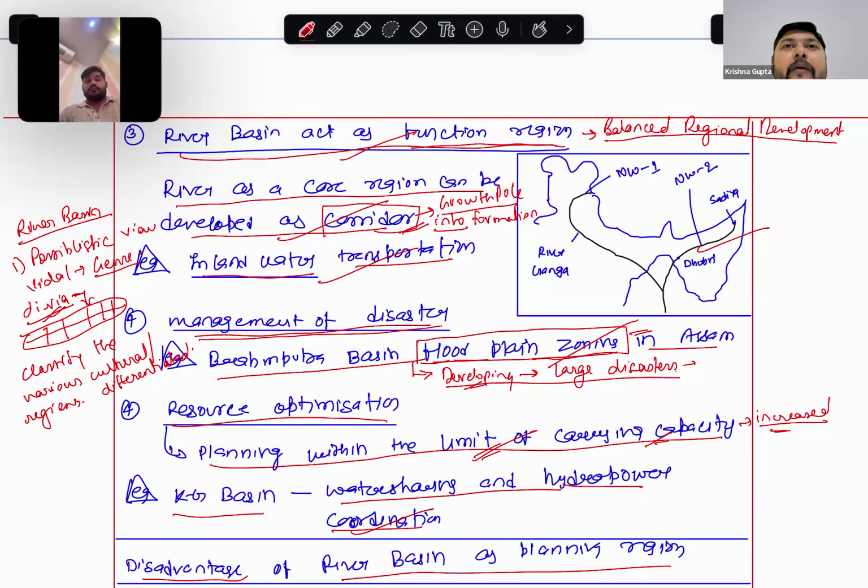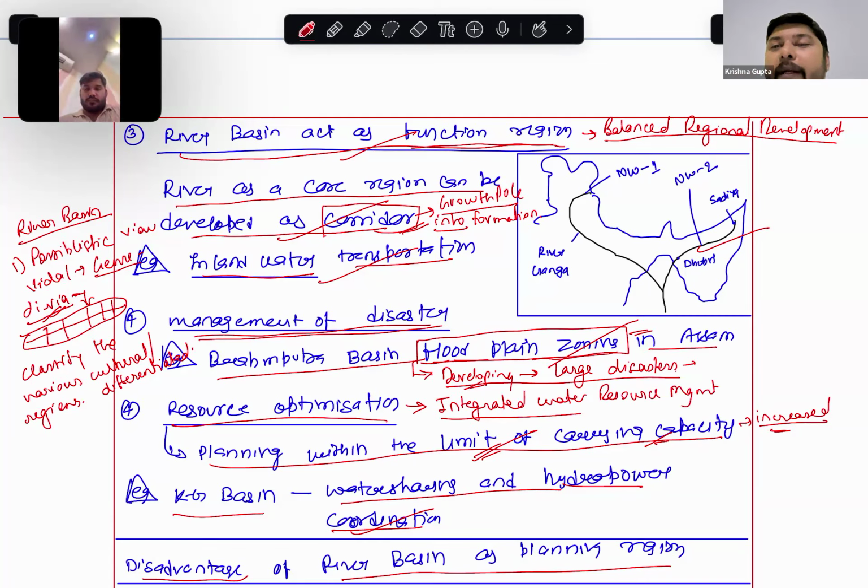Okay, then we can also add up here from the integrated water resource management. Okay, जैसे कि resource optimization की बात की हमने. Okay, so this can be added up here.